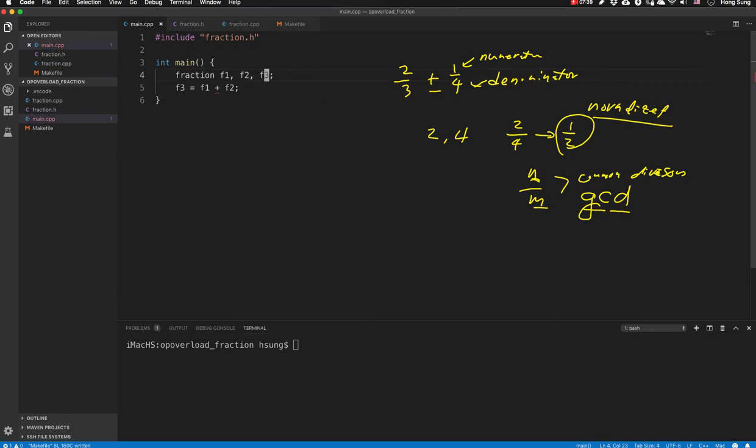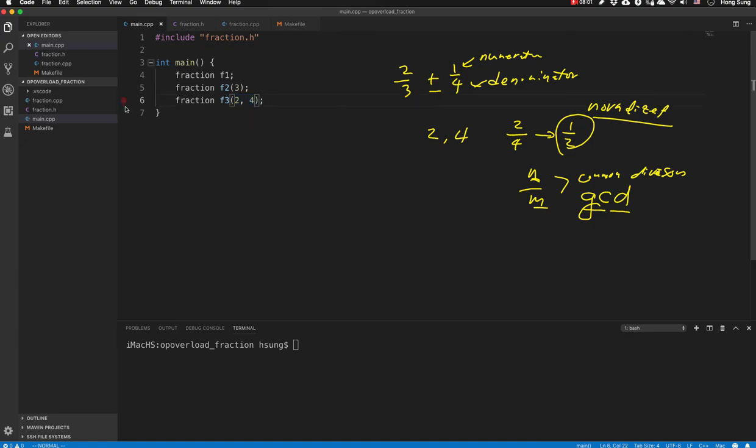Let's see something like this. The default constructor, by providing the numerator only, or by providing numerator and denominator, and then we go through normalization and the like.